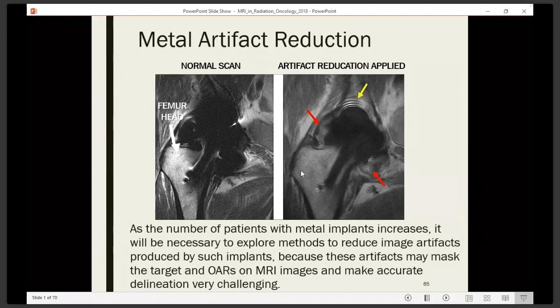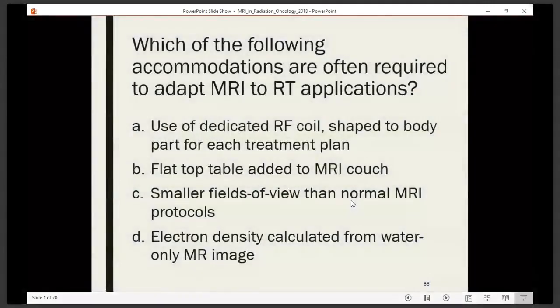But when you apply artifact reduction, you can see that the long metal piece, I don't know the name of it, that's sticking down into the head of the femur, the artifacts are kept well inside of it. And there's a little bit of artifact here, maybe a little bit here, but it's substantially reduced. And you should be able to do much improved treatment planning around that metal prosthetic using this artifact reduction.